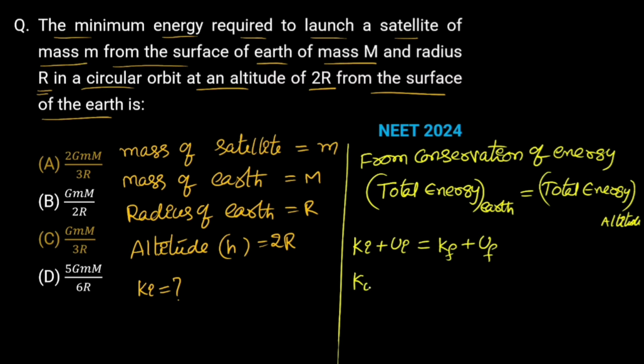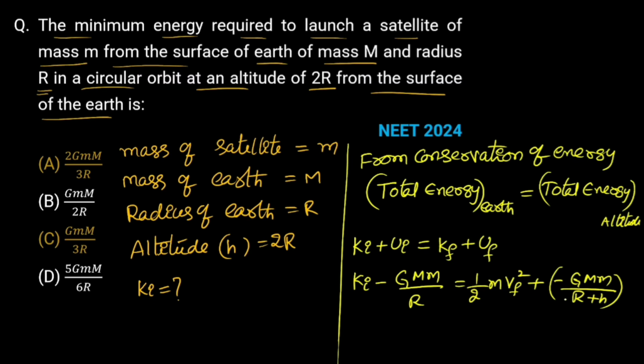Ki you need to find. Initial potential energy equals minus GMm by R, equal to Kf, half m v square, final velocity square, minus GMm by capital R plus h.